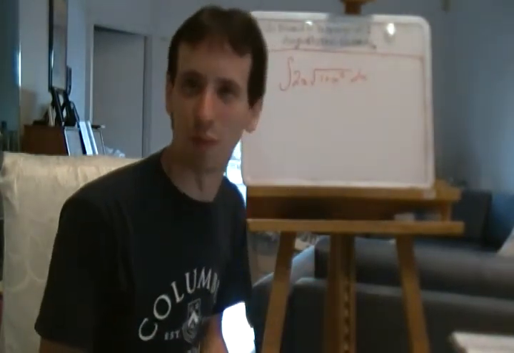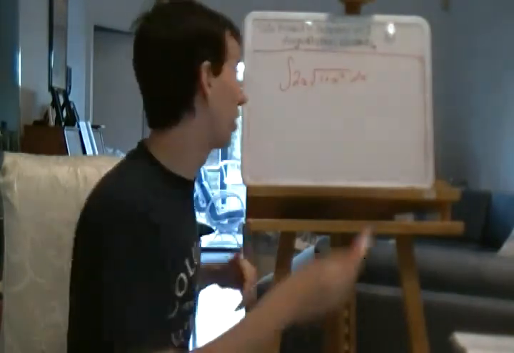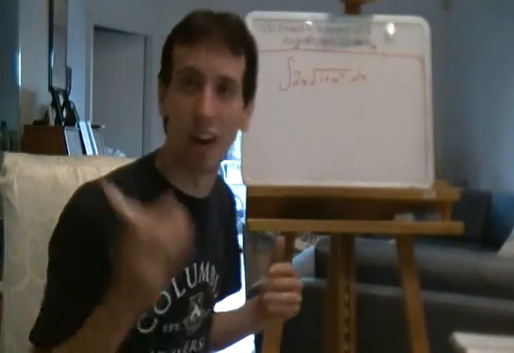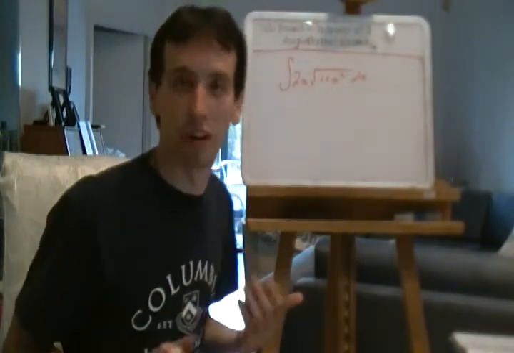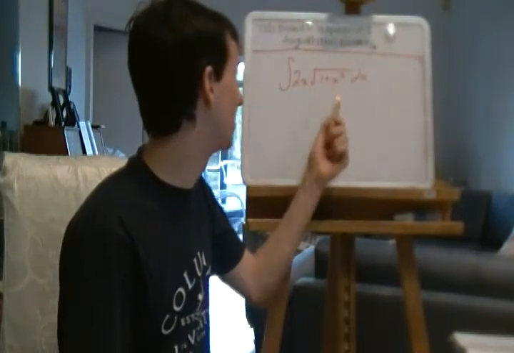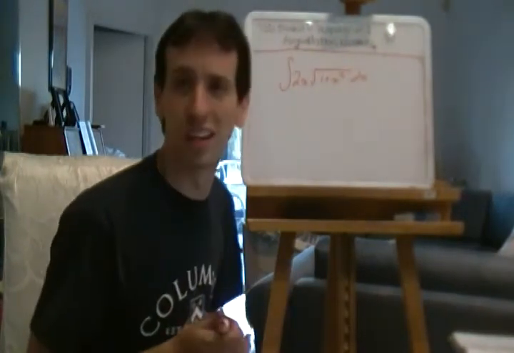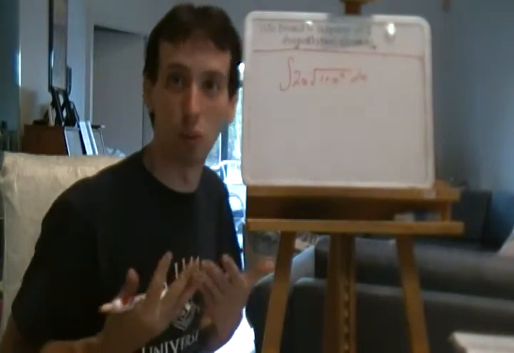So this creates a problem, because the integral of 2x times the integral of the square root of 1 plus x squared isn't going to work, and the square root of 1 plus x squared isn't necessarily the easiest integral in the world to find.